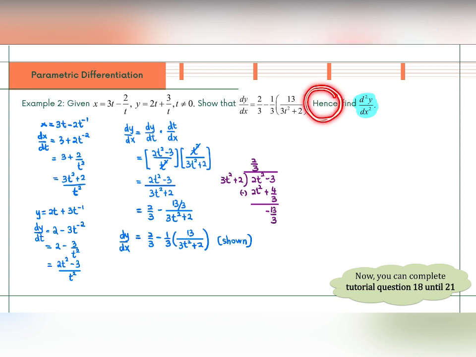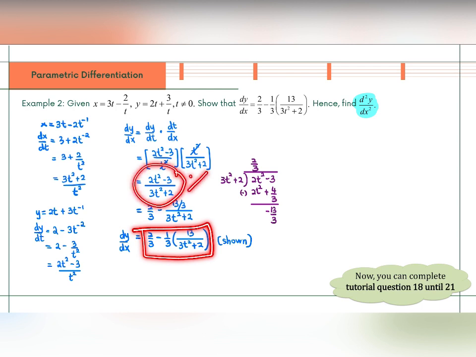Bila hence, maksudnya kamu perlu differentiate daripada jawapan ini. Okey? Kalau kamu differentiate daripada sini, automatik salah. Okey? Sebab dia ada perkataan hence. So, hence ini merujuk kepada what is the final answer that you get. So, the final answer that you get is this one. So, kita akan differentiate inilah.